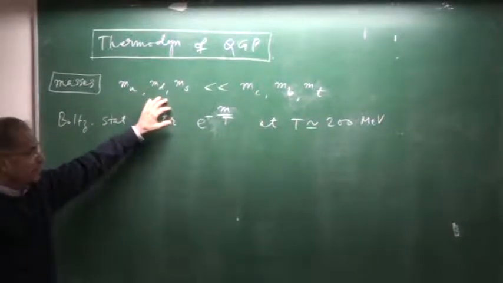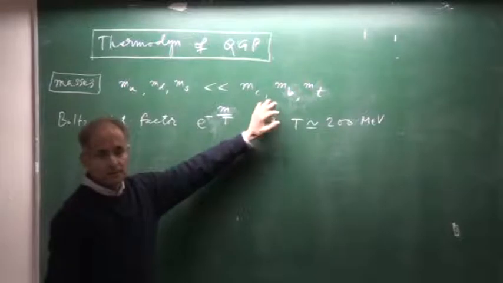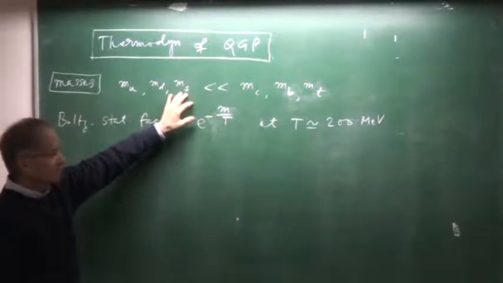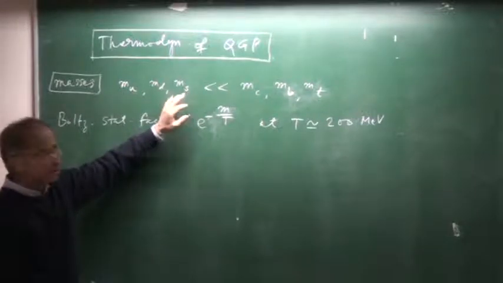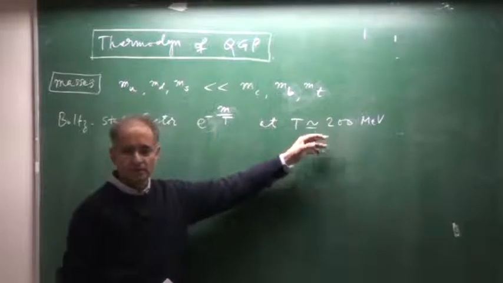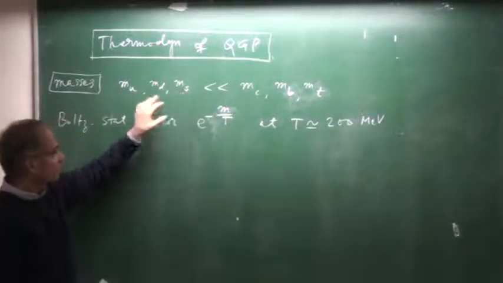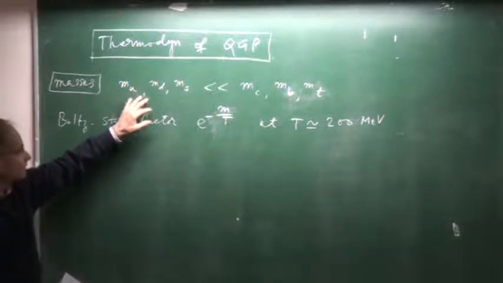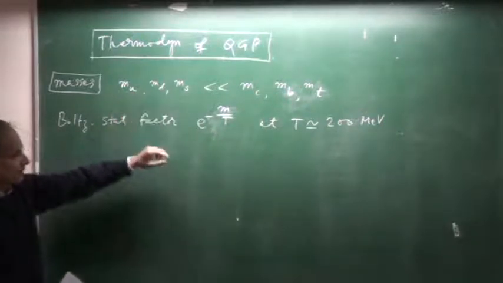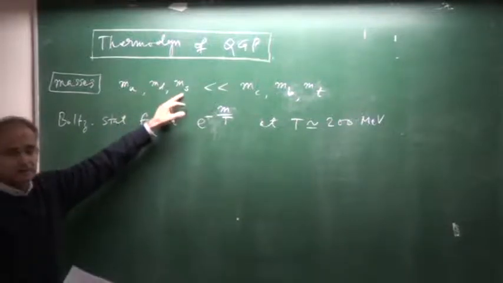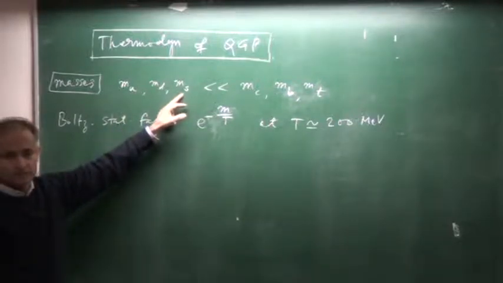Down, bottom and top we don't need. Strangeness is on the borderline because its mass, roughly 100 MeV, is comparable to this. These others are very small, less than 10 MeV, around 5 MeV. So these are the relevant ones. Sometimes S is also ignored, but often it is included.